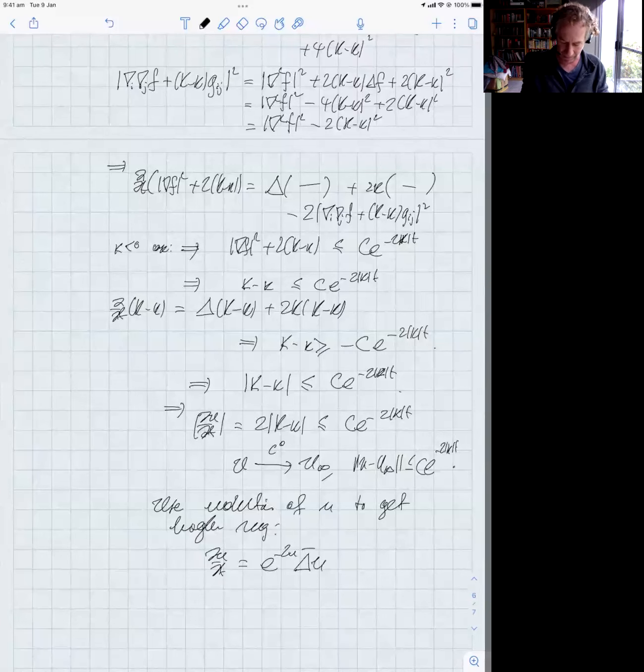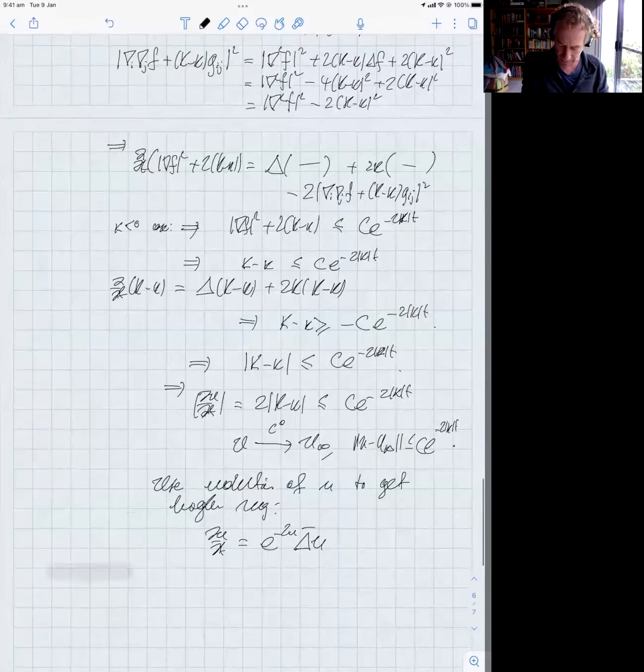Let's say bar might be the t equals 0 metric, for example. Then I'll get a term which is minus 2 e to the minus 2u k bar, and then I'll get a plus 2 kappa. I think there's no 2 there, sorry. Yeah, plus kappa.